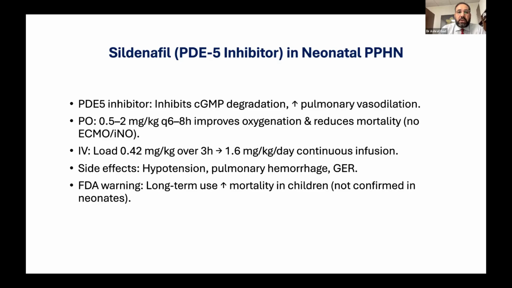The dose is a little bit higher, but it can be given Q6 or Q8. Sildenafil itself reduces mortality, but not in those cases where ECMO and nitric oxide have been used. And it works well in those cases where there is significant hyperoxia, because hyperoxia would upregulate the PDE5 receptor, and it makes it suitable for sildenafil to work.